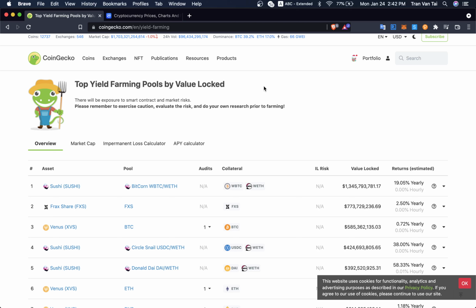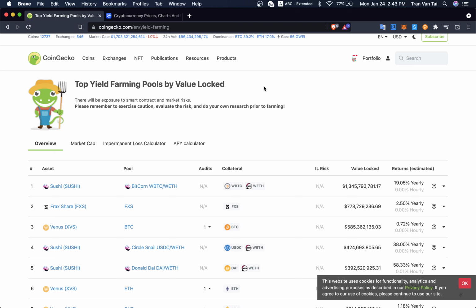We take a look at that pool's farming, and we consider the risk if we add liquidity to some pool. After considering the factors, if everything is in our control, we will make a decision to add liquidity to that pool. Adding liquidity has a risk of impermanent loss.